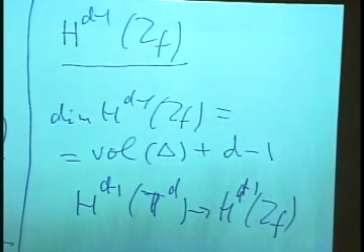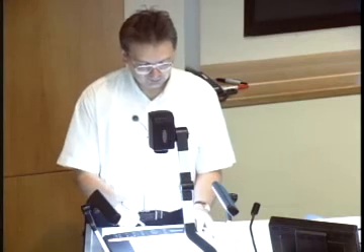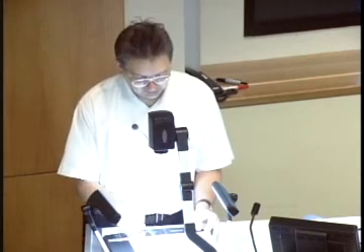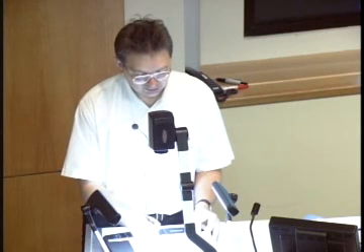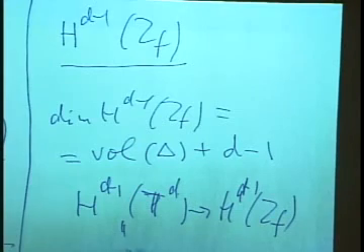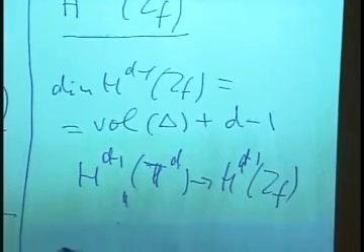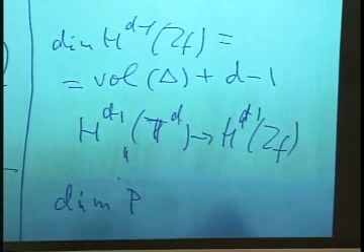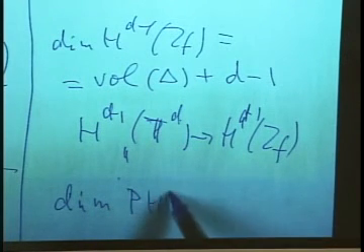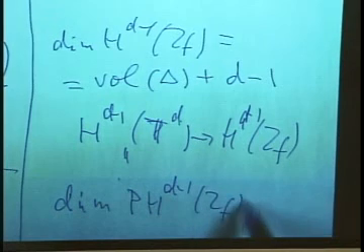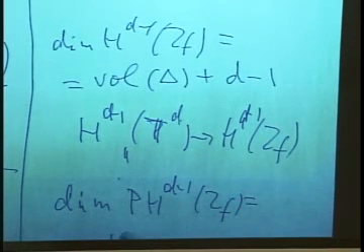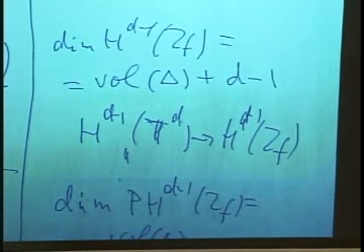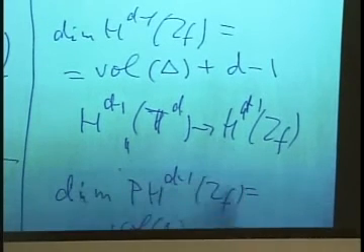Let us divide by these classes. Since the torus has dimension d, this space has dimension d. So we can define the primitive part of this cohomology as the cokernel of this map. This primitive part will have dimension the volume of the polytope minus 1. So we just delete d.